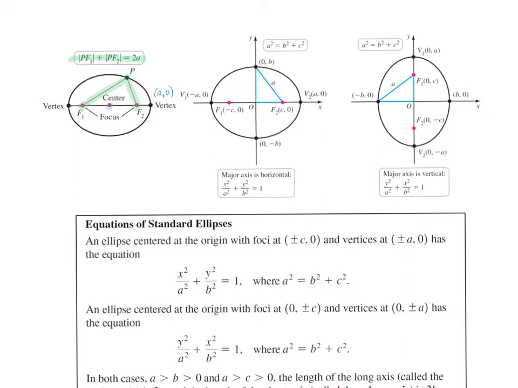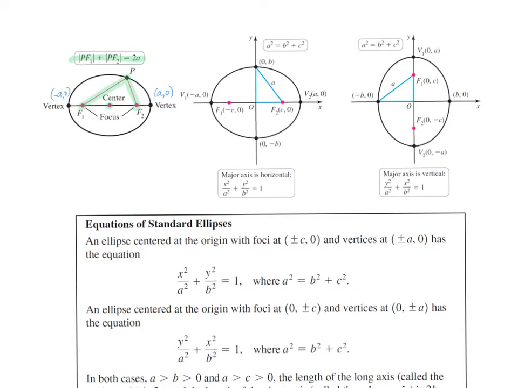Now if I look at the other vertex, it would be (-a, 0). Since there's two vertexes, we call them vertices. So an ellipse has foci, two focuses, and vertices, two vertices.